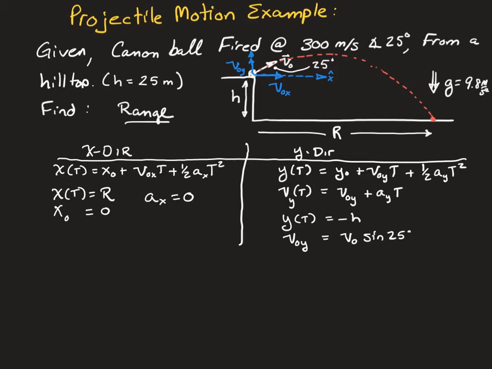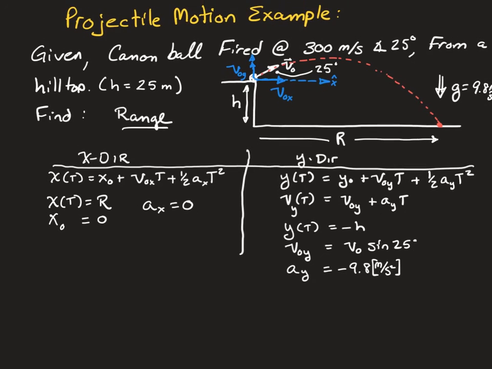Now, my time of flight, again, I don't know. a sub y I do know. That's minus 9.8 meters per second squared. I put the minus sign on there because I see it's down, in the opposite direction of my chosen y direction. And I think that's about it.